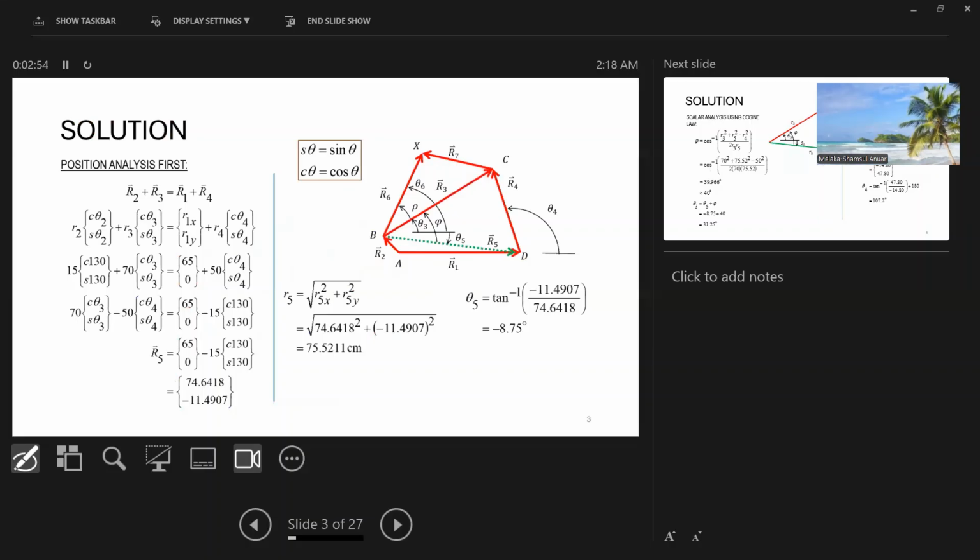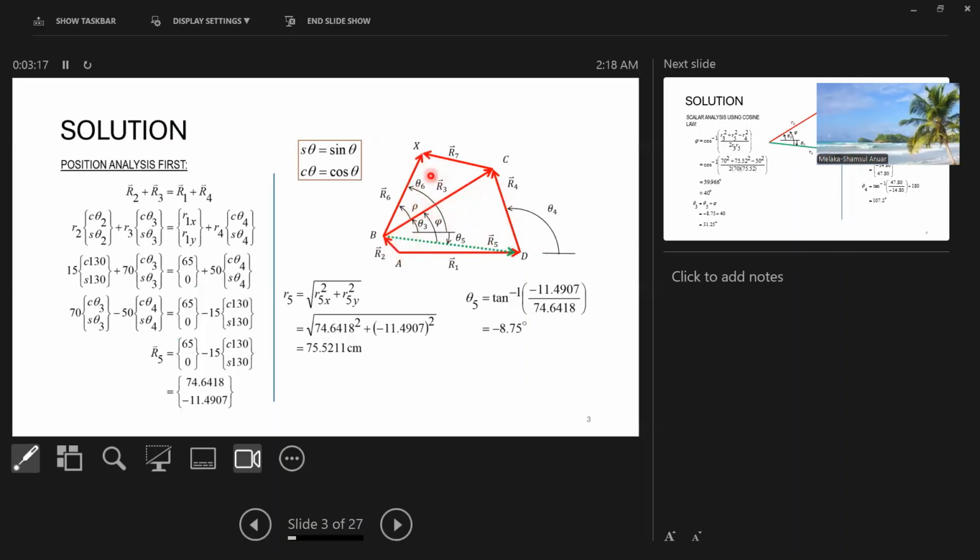So in the first loop in this problem, you focus on the inner loop or the main loop, which is made from this four-bar mechanism.